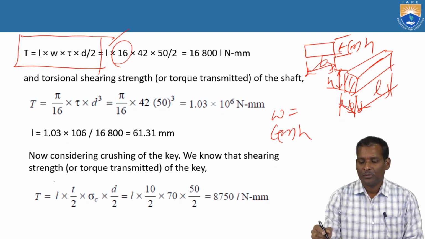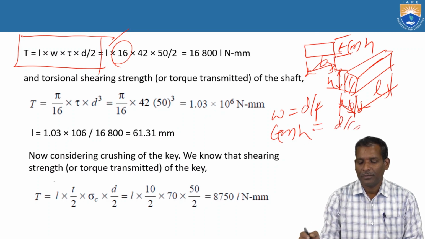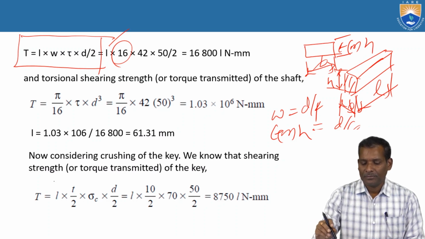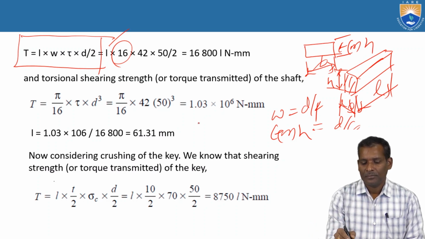Width is equal to d by 4 and thickness or height is equal to d by 6, where d is the shaft diameter. For a square key, width and thickness are both the same: W is equal to t is equal to d by 6.